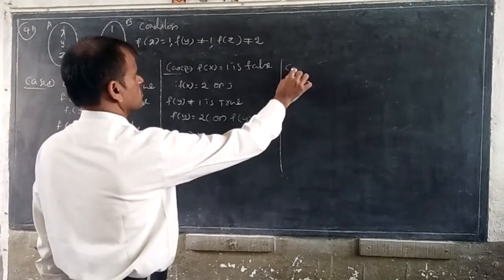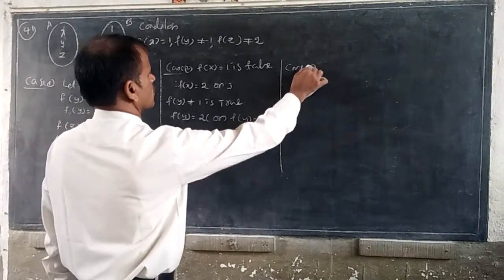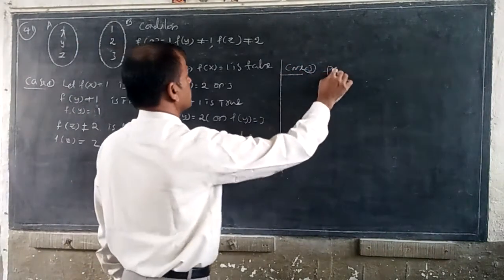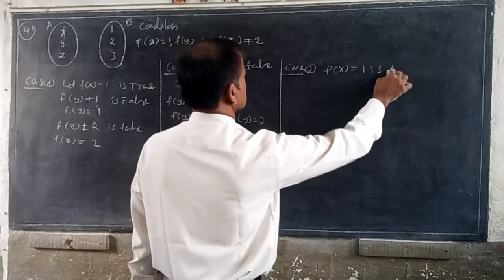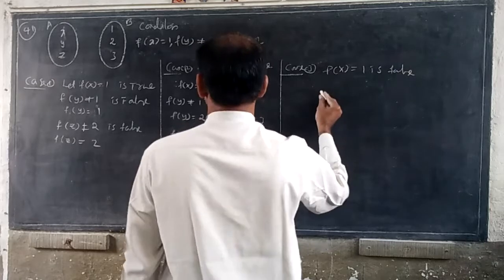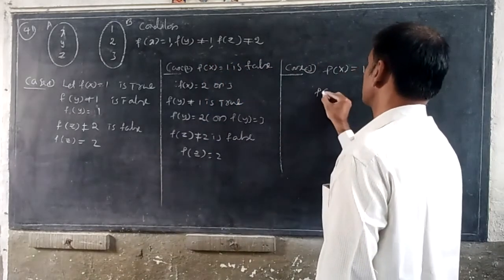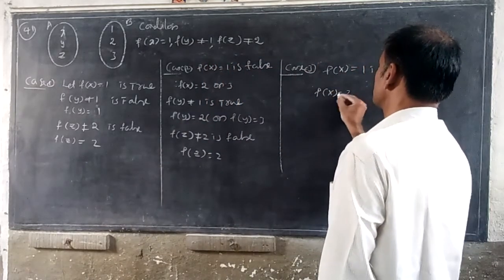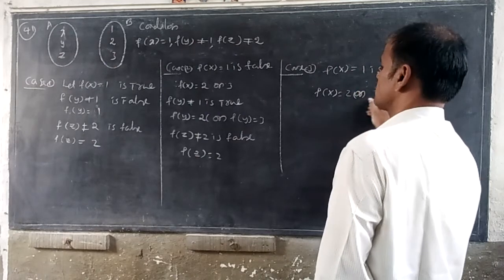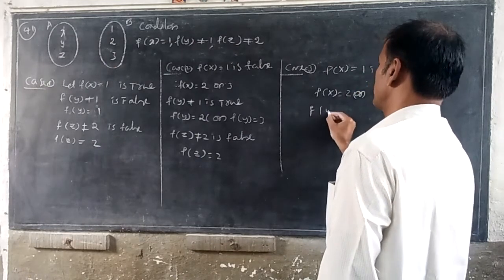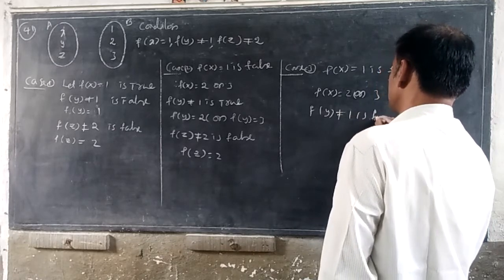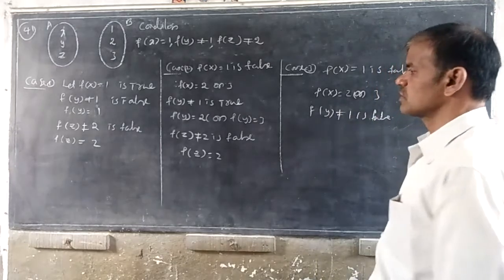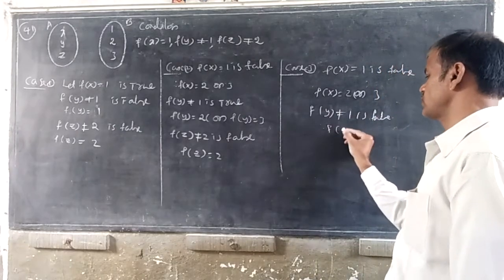Case 3. f of x is equal to 1 is false. In a similar way, f of x is equal to 2 or 3. f of y not equal to 1 is false, therefore f of y equal to 1.